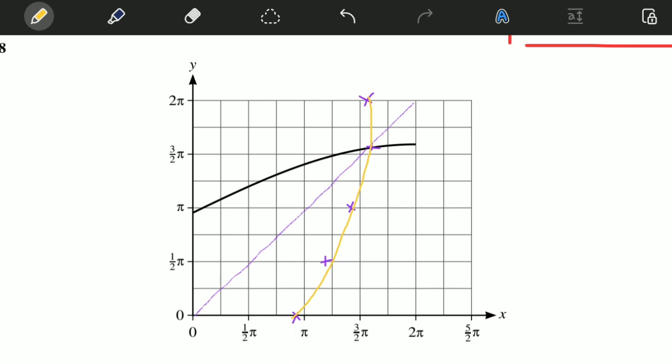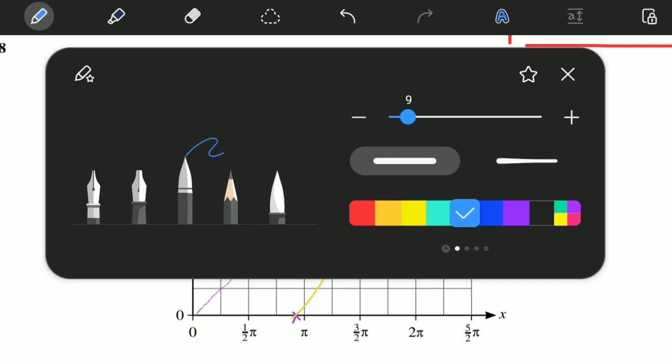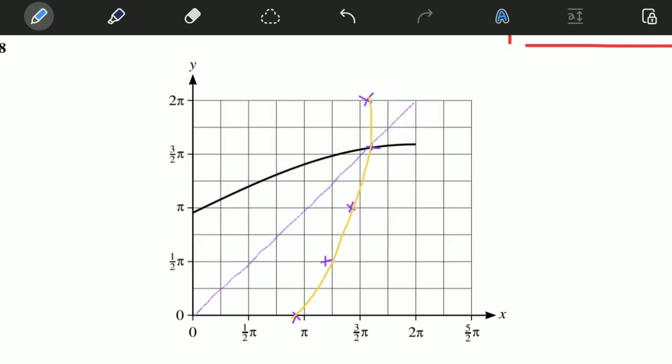We will see the x coordinate, pi by 2, and the y coordinate, and we'll switch their places. The value of x is now going to be the value of y, and the value of y is now going to be the value of x. We'll switch the values, and this is how we will get the required inverse graph.